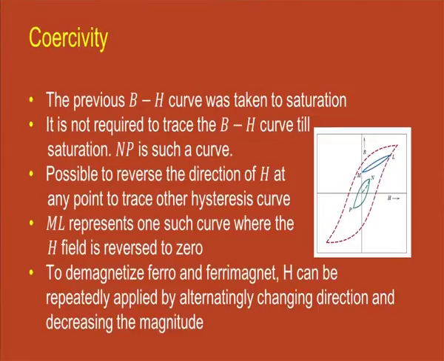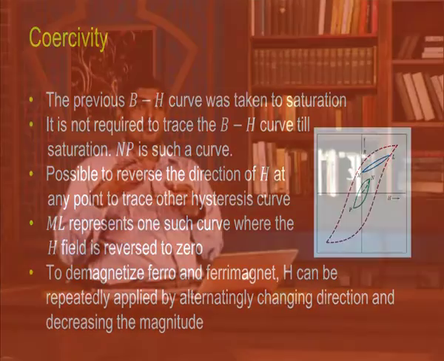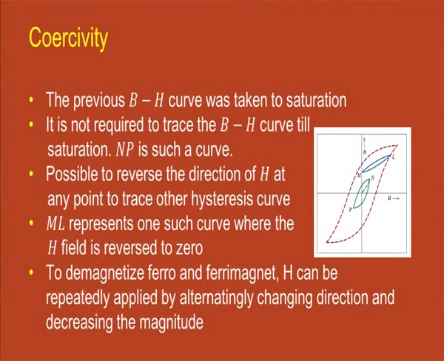This symmetrical feature of the hysteresis curve can be obtained in a different way without even attaining saturation. As you can see in this particular picture, the curve shown by ML is a hysteresis curve where we have not yet achieved saturation. This hysteresis curve can also be achieved without even going to the saturation point.